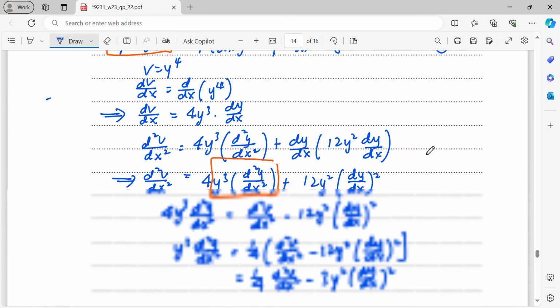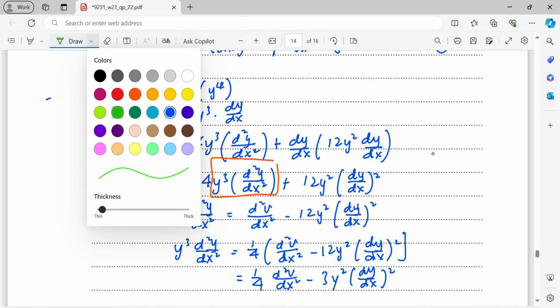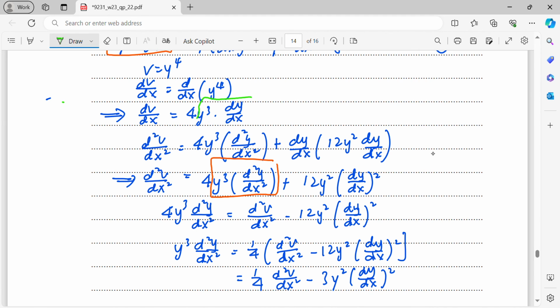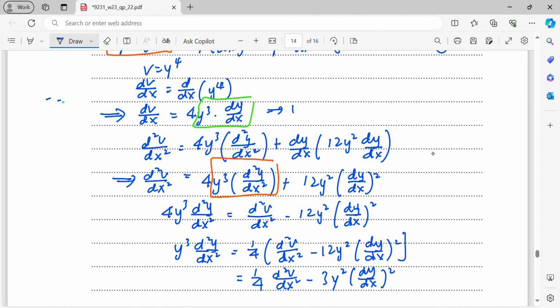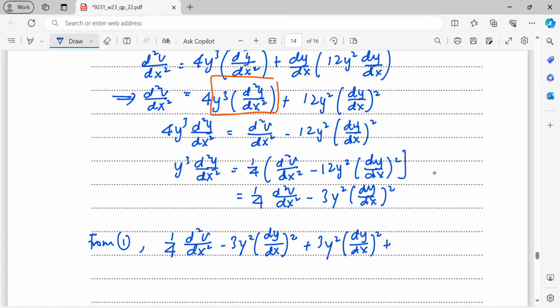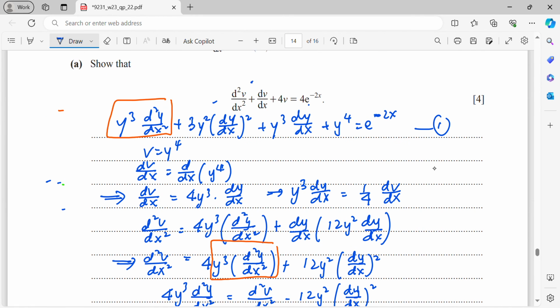I need y cubed dy over dx. Look at here, this is my y cubed dy over dx, which is basically 1 over 4 dv over dx. So I will write down 1 over 4 dv over dx.